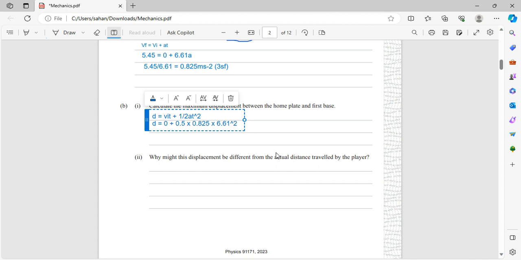So if you do that on your calculator, let me do that real quick. 0.5 times 0.825 times 6.61, I get 2.73 meters to 3 significant figures.